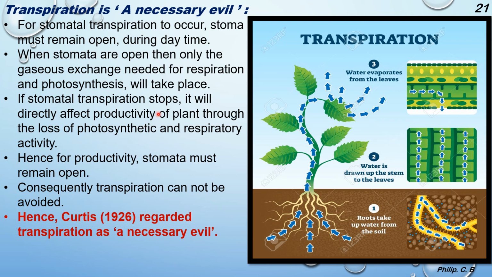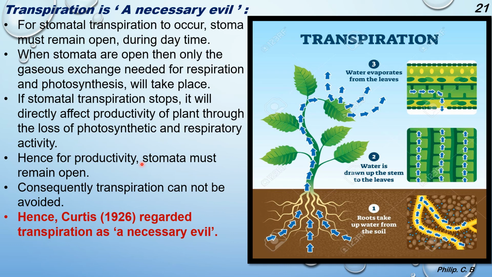If stomatal transpiration stops, it will affect the productivity of the plant through the loss of photosynthetic and respiratory activity. That is, if the stomata are closed, then transpiration stops, which directly affects photosynthesis and respiratory activity as well.